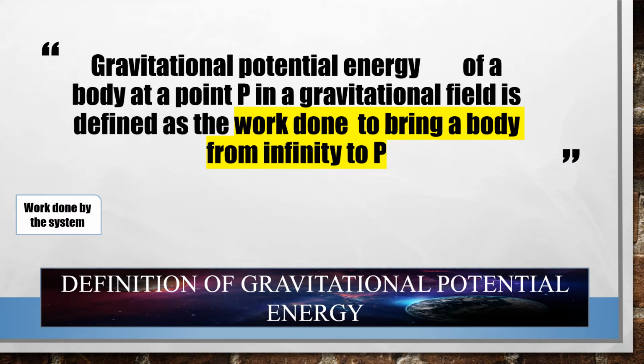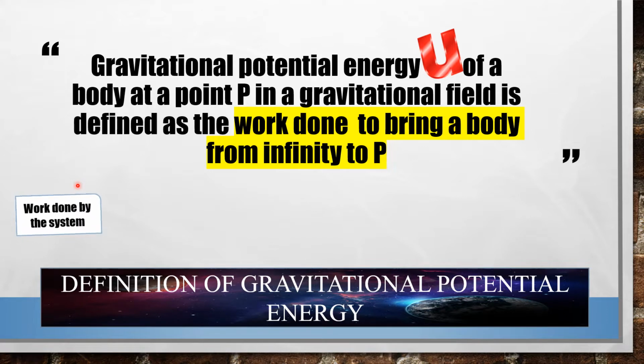The gravitational potential energy of a body at a point P in a gravitational field is defined as the work done to bring a body from infinity to P. Now, when a body is brought from infinity to point P, the work is done by the system.